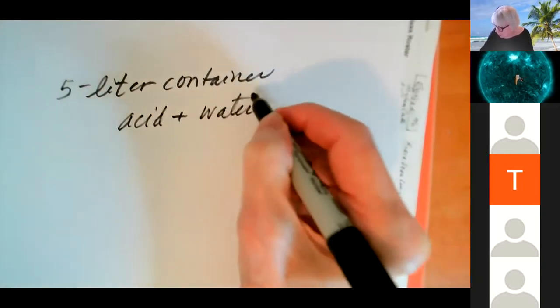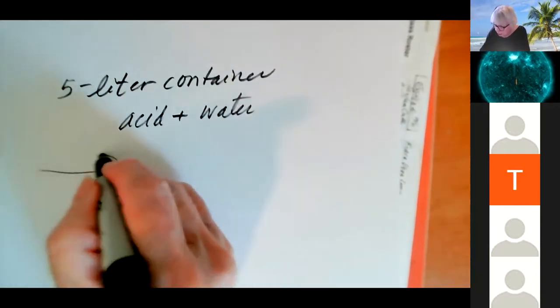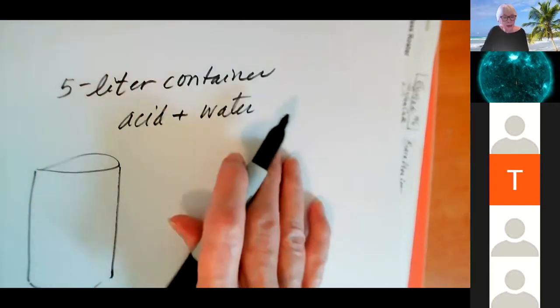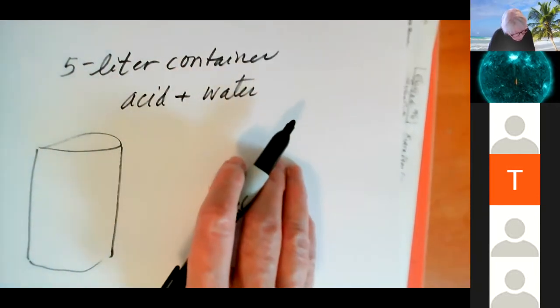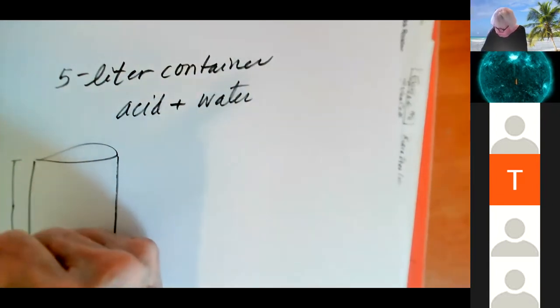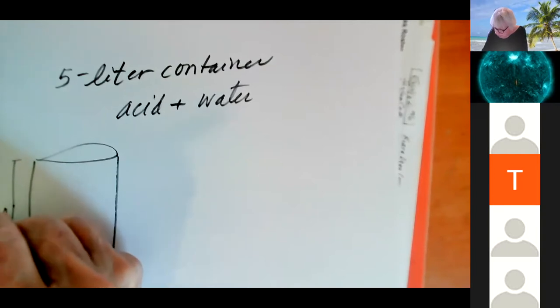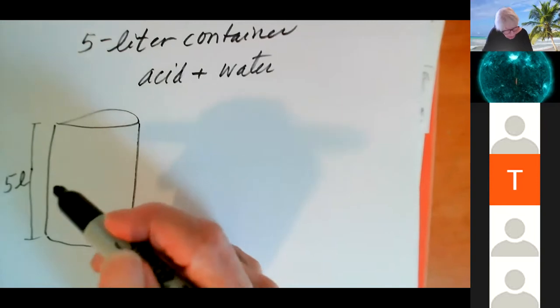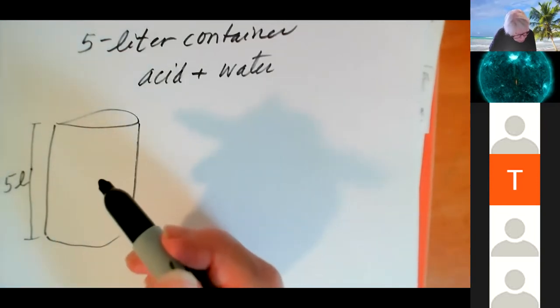That's what it is. So there's a container that has acid and water. Okay. Now, the container is 5 liters.